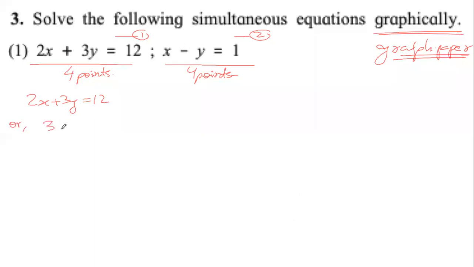So this becomes 3y equals 12 minus 2x. Then we will take 3 to the right hand side. So it becomes y equals (12 minus 2x) by 3. Please confirm that this is clear.